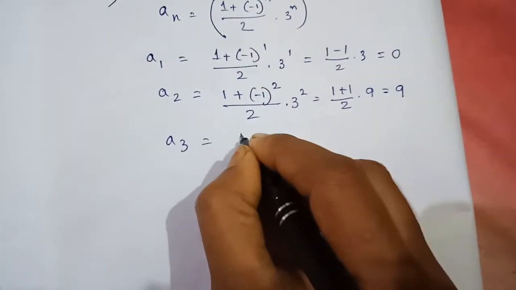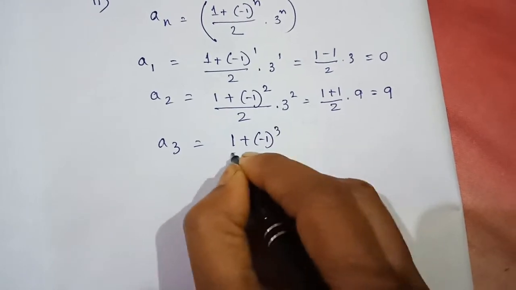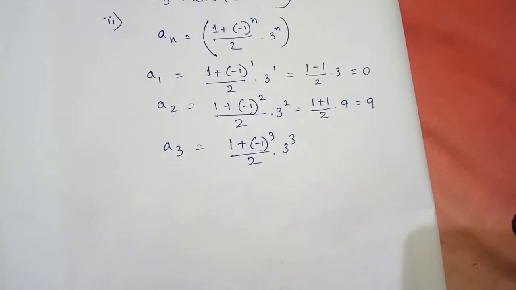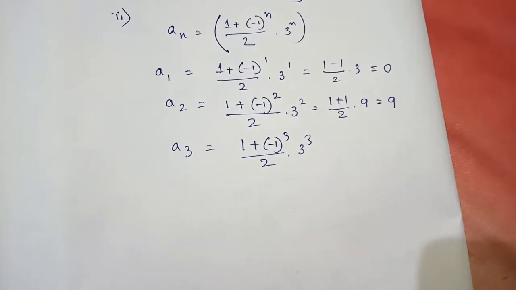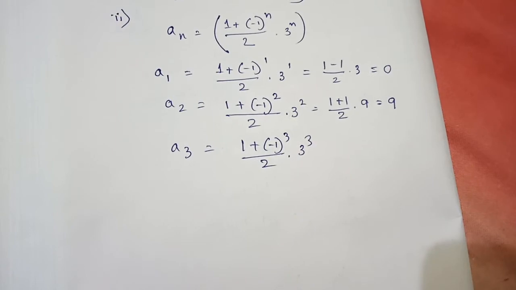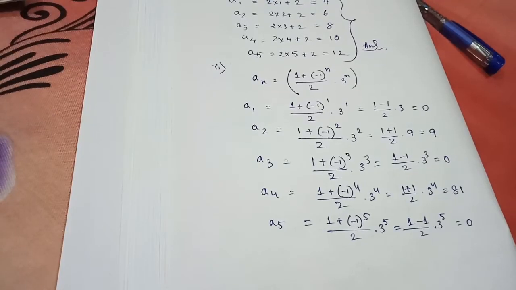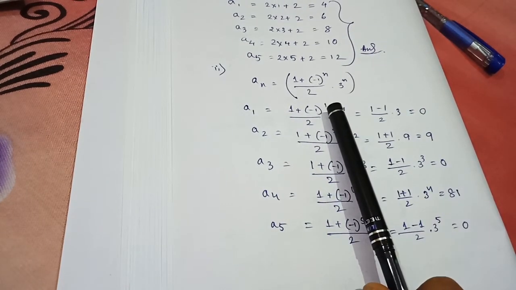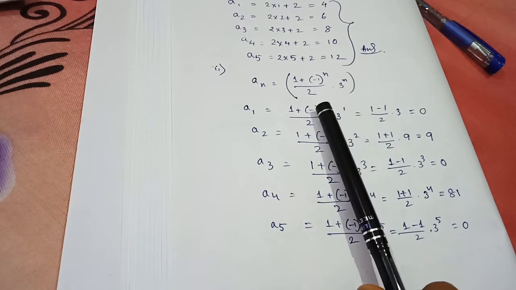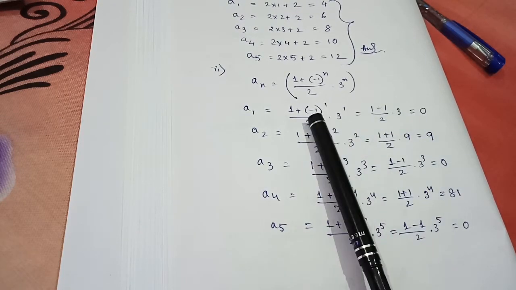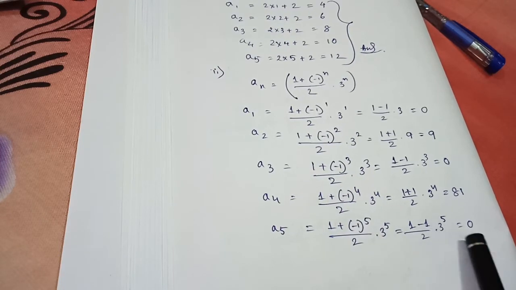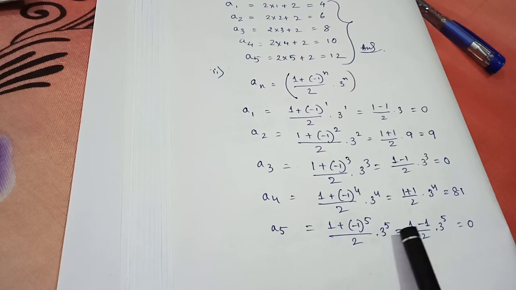Then a3 equals to 1 plus minus 1 to the power 3 divided by 2 into 3 cube. In this way I am doing the calculation, and you will just copy it from this, not all calculations I am doing. So this is the calculation for all first 5 terms. As minus 1's index is odd, whenever we have odd indices, we are getting 0 as the value, because it's becoming 1 minus 1.